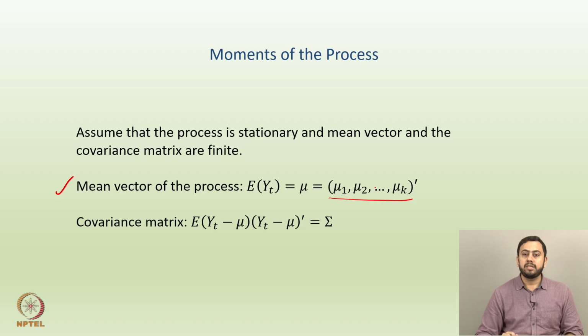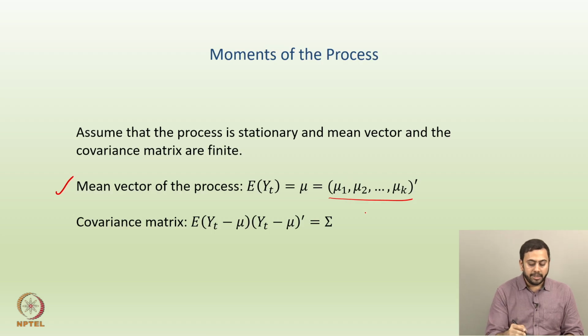Mu1 is nothing but the mean of the first time series inside that collection. Mu2 is the mean of the second time series inside that collection, and similarly mu k is the mean of the kth series inside that collection. So, the expectation of the entire random vector yt is this collection of individual means.